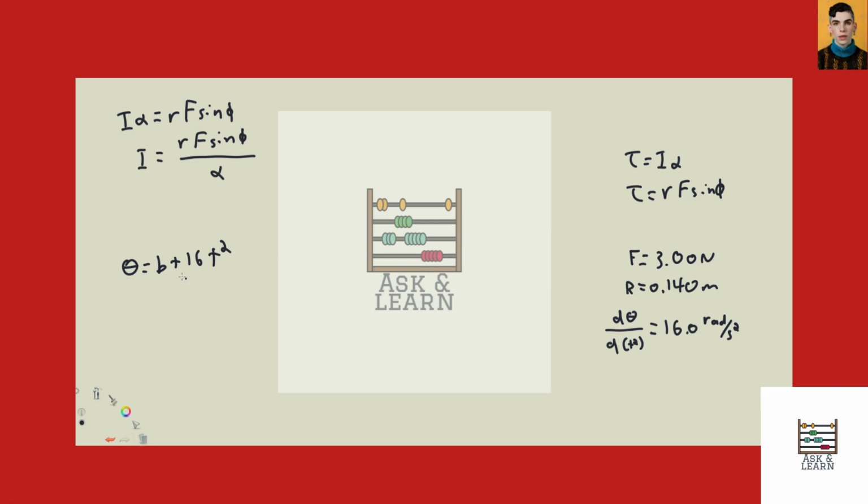And now just looking at this, we can see that it bears a striking similarity to our equation of motion. Theta is equal to theta naught plus omega naught t plus alpha naught t squared. And given that it's starting at rest, this is going to be 0. So we can see the similarity here.